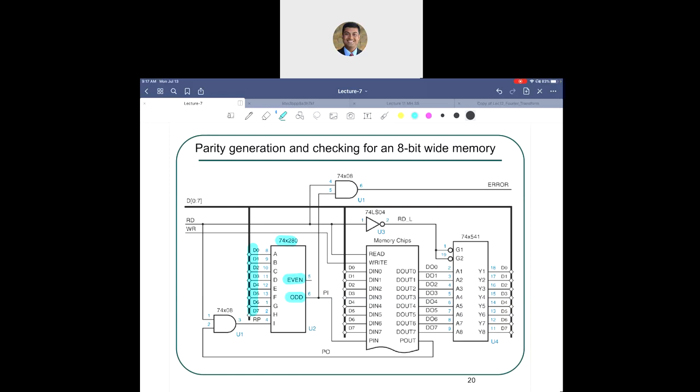D0 to D7. So that's the first chip. The next chip is a memory chip, a memory chip to which we can read or write. The information coming in is over here. The information being read out is over here.